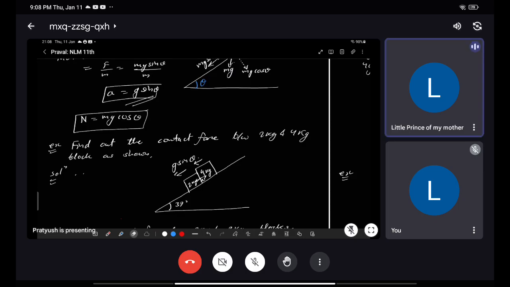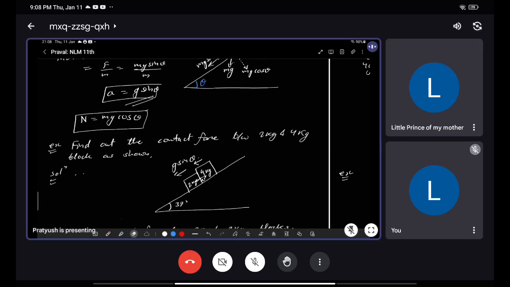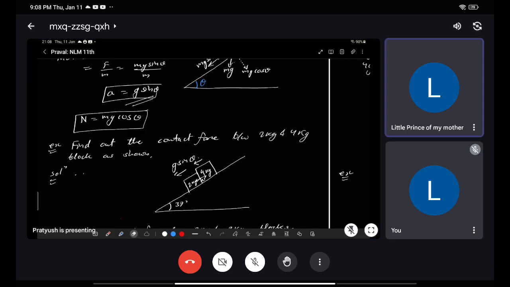Sir, I am not getting this contact force. Why? That means it will be g sin theta, we can write this.